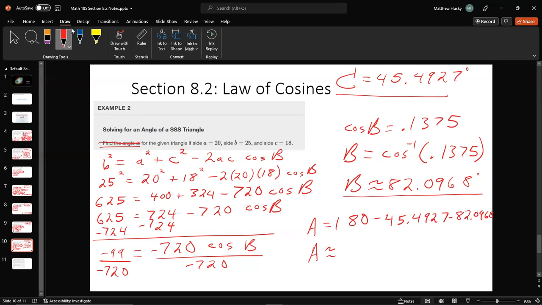Angle A is going to be 180 minus that number minus that number there. And you do that and you get 52.4105.